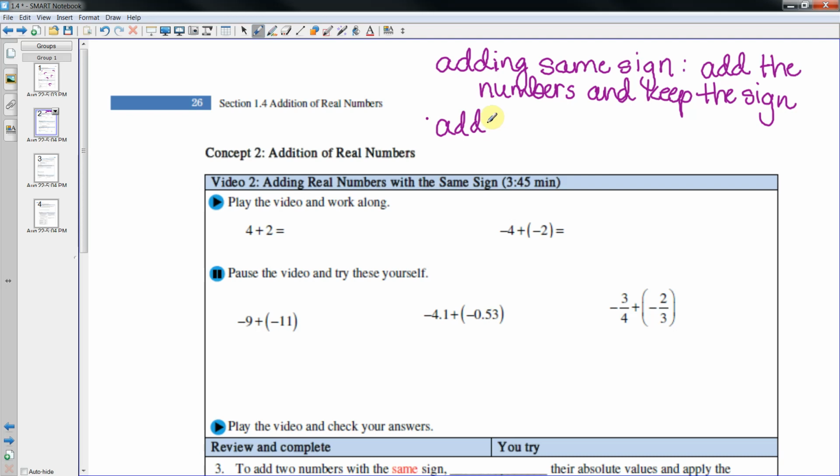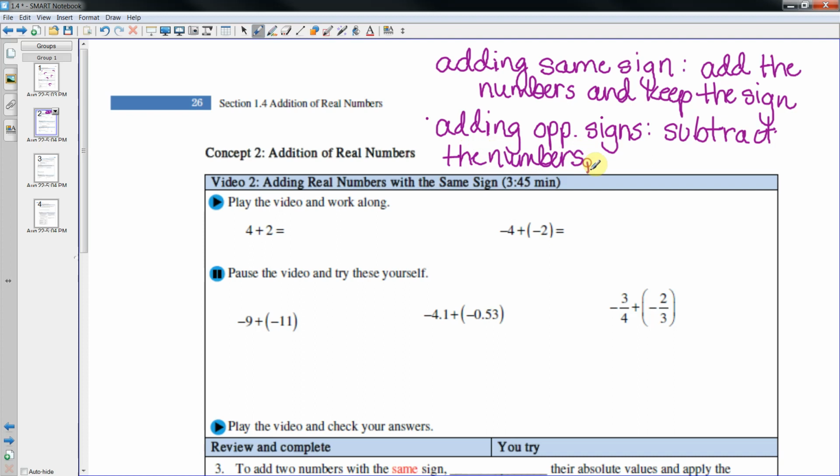If we're adding opposite signs, we are going to subtract the numbers, keeping the sign of the larger number. There's a little bit of a long rule.